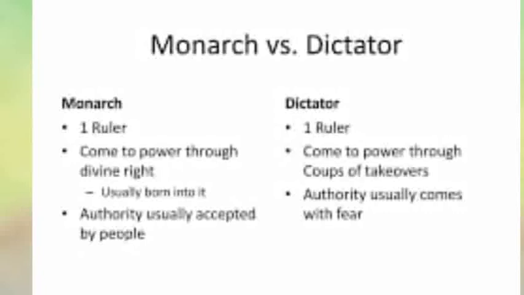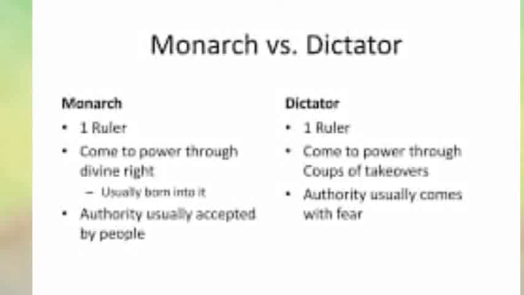And what is the divine rights? It means Raja ka beta Raja, Raja ka beta Raja, like this. That we can call the divine rights. In dictatorship, the ruler come to the power through the illegal takeover. It means they are coming in power forcefully.